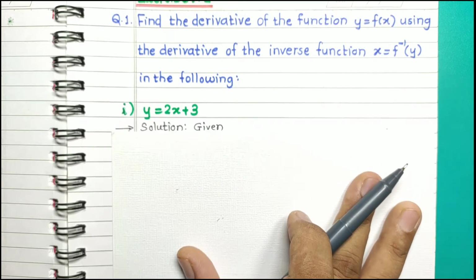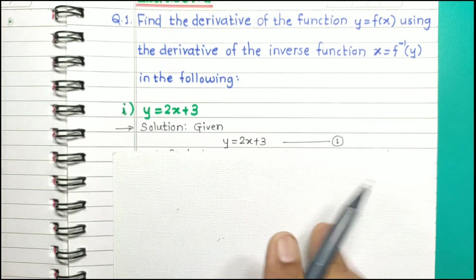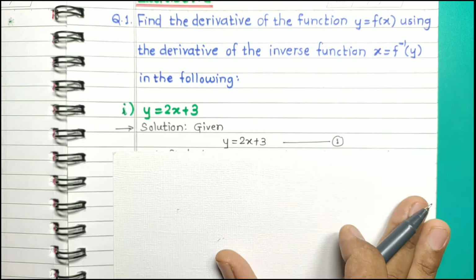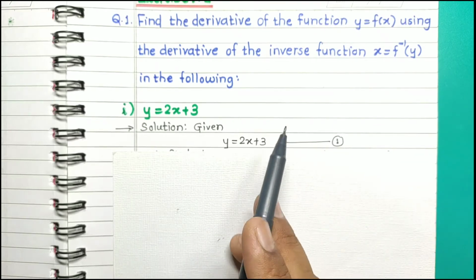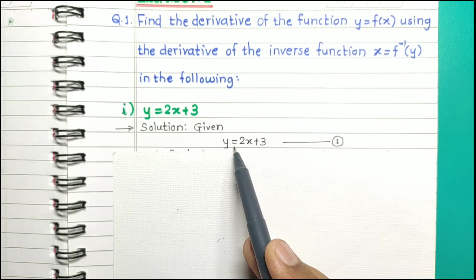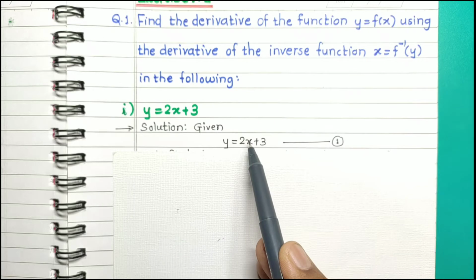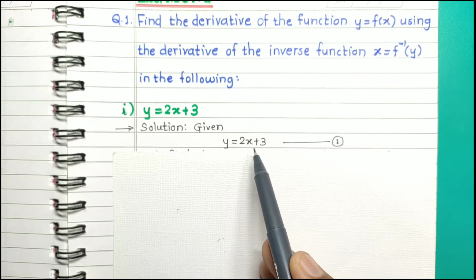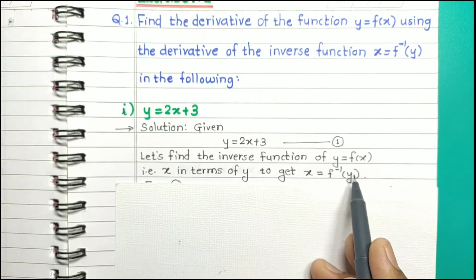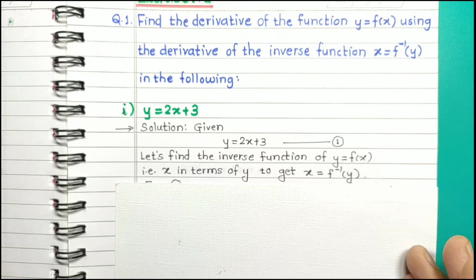So in the solution you write down given function y is equal to 2x plus 3, let it be equation number 1. Then see, to use the derivative of inverse function we have to first find out the inverse of this function. To find inverse function we express x in terms of y, to get x is equal to f inverse of y, which is inverse function.